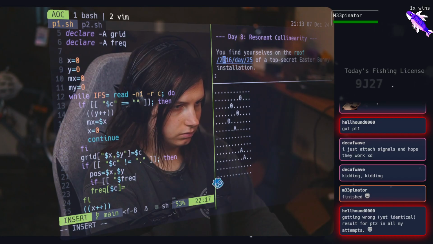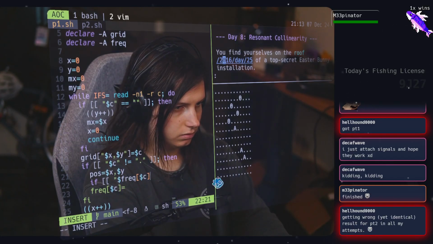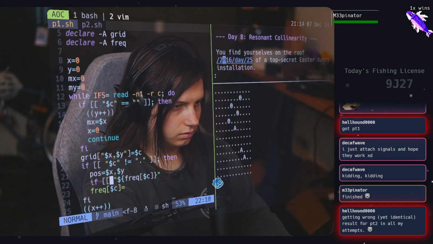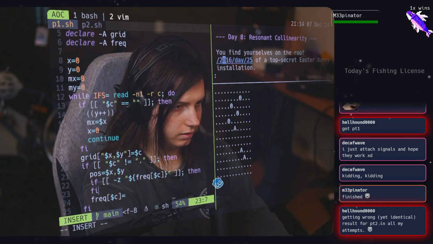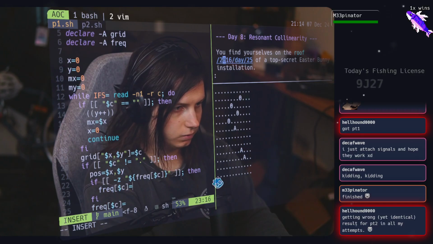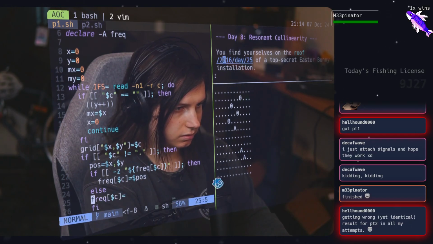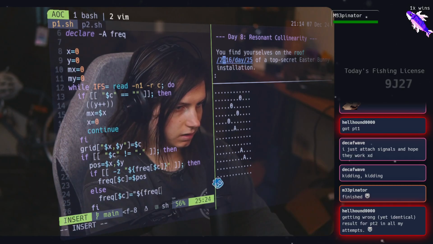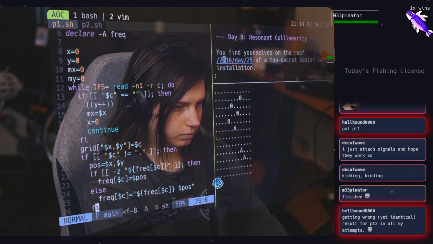I forget how to do this. Is it this? If it's empty, then it equals position. Otherwise it equals itself plus position.